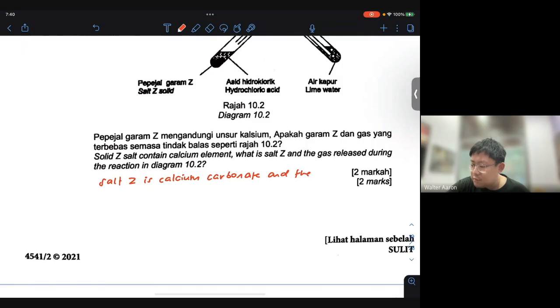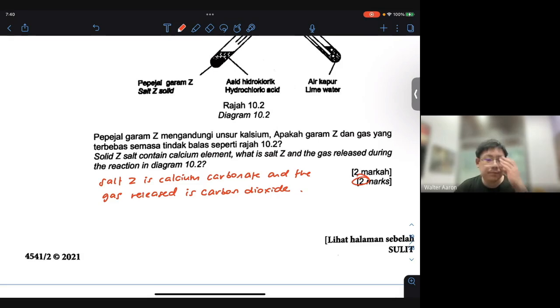And the gas released is carbon dioxide. Okay, so I got 2 marks over there. Very simple.